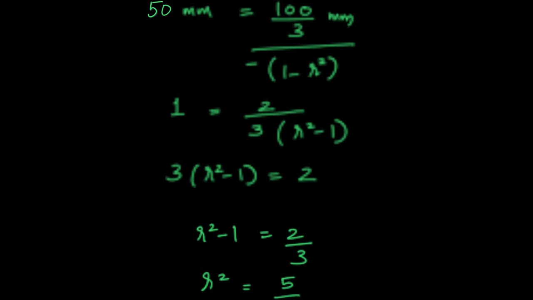where, as you can closely observe here, 50 mm divided by 50 mm is equal to 100 by 3, which is the static deflection, divided by minus of 1 minus r square.